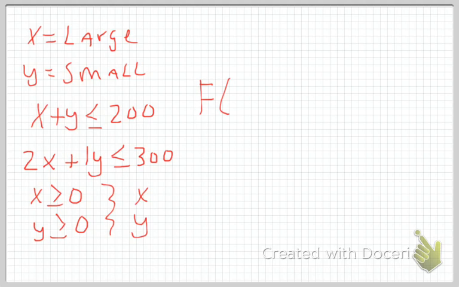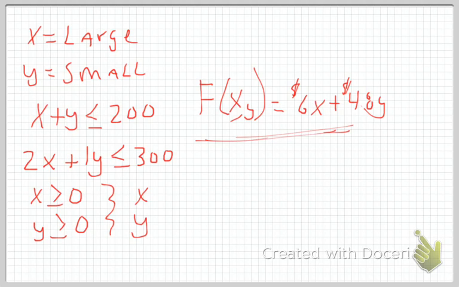Of course this is going to be f of x, y, which equals $6 times x plus $4.80 times y. So this is our profit calculation. For every large tin that we sell, we're going to make $6. For every small tin, we're going to make $4.80.